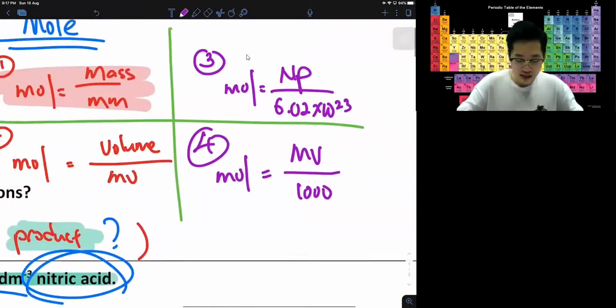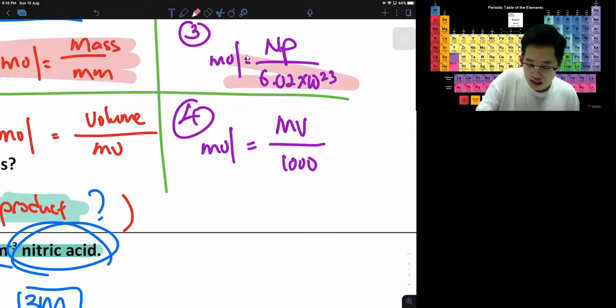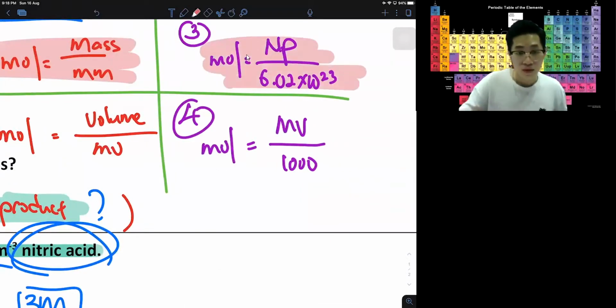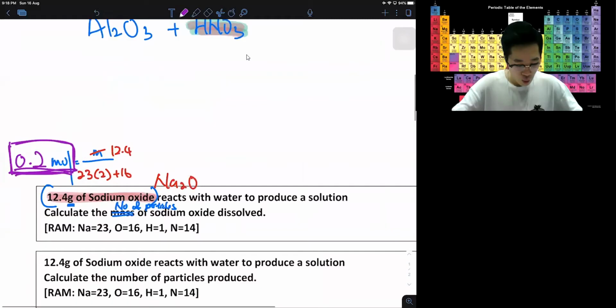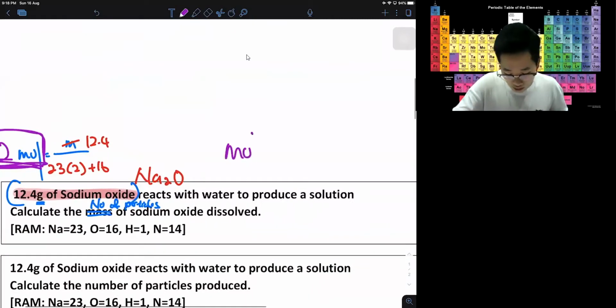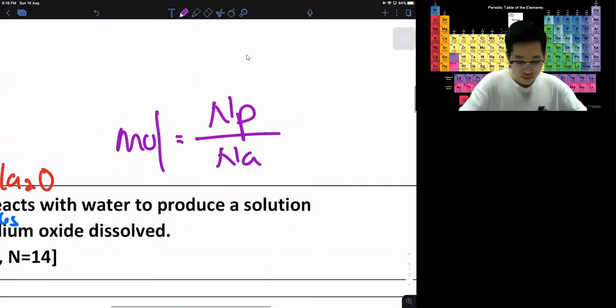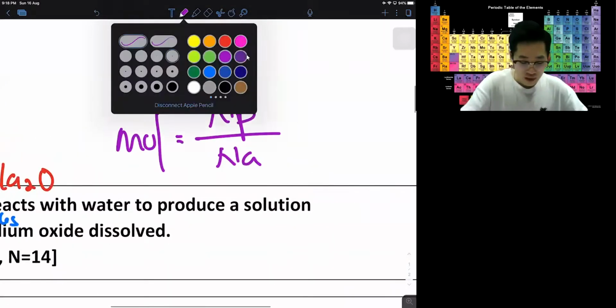Number of particles means I have to use this formula now. Mole equals NP over NA. I got the mole already, 0.2. Now I want to find the number of particles.